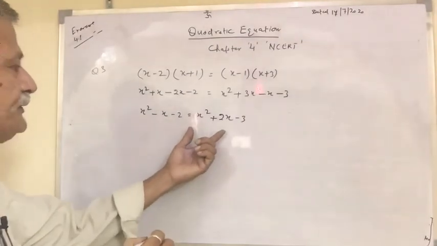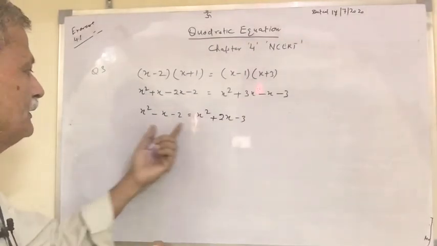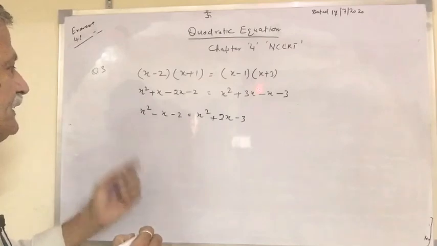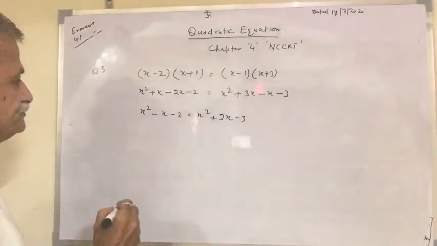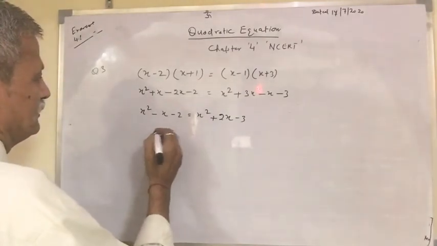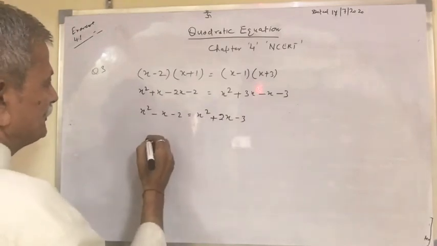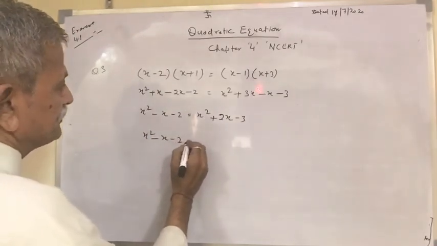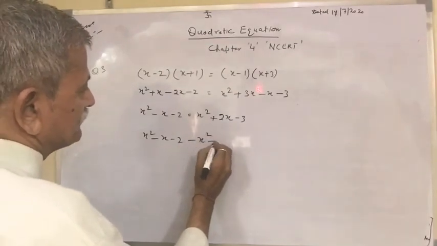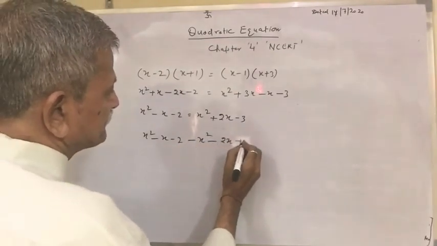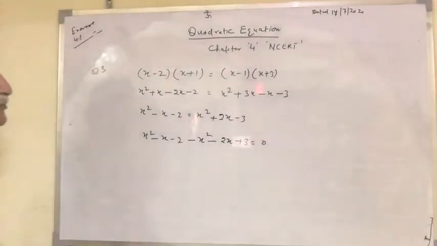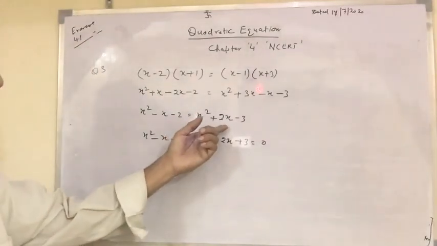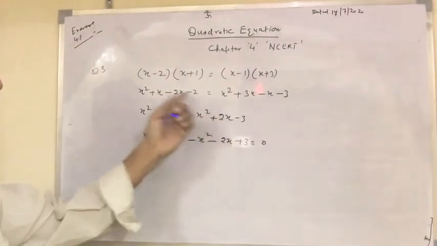Now let us transfer all these. So you would find x square minus x minus 2 minus x square minus 2x plus 3 is equal to 0. So I'll take all of the right hand side to the left hand side.